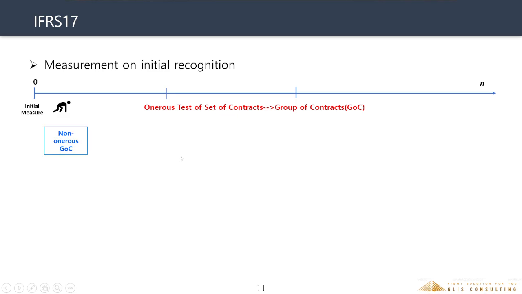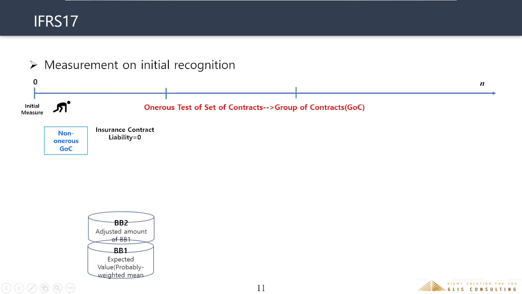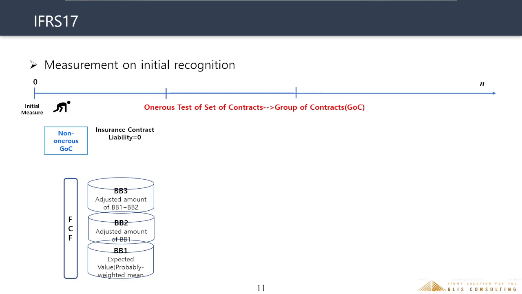Anyway, let's have a look at, based on onerous tests, how we can create the non-onerous group of contracts. First of all, you have an actuarial model working. You have already implemented it, and it's working, and you measure building blocks 1 to 3, which is the fulfillment cash flow. And if it is a non-onerous group of contracts, you're going to have building block 4, the contractual service margin.